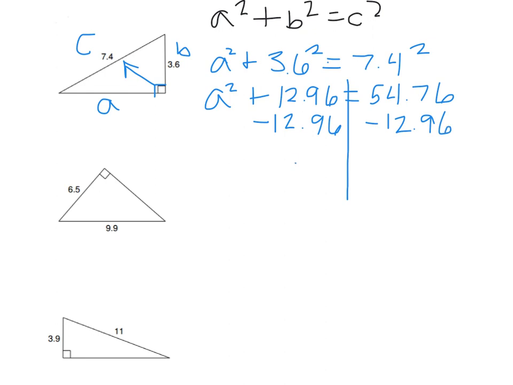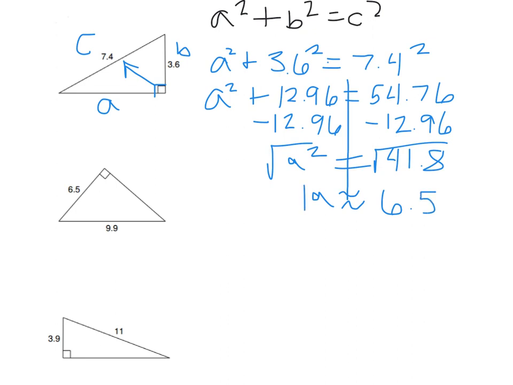And then we have A squared equals, if I subtract, that would be 41.8. And then to get rid of the little 2, we square root both sides. And A is about 6.5, because that's not a perfect square. And again, it doesn't matter whether you wrote that as A or as B. They're the legs, so as long as you keep that straight, we should be good.